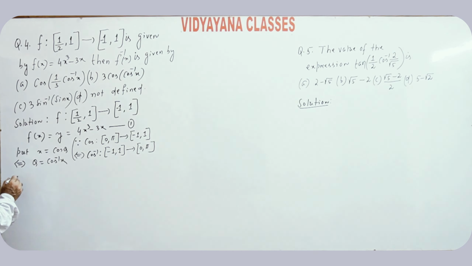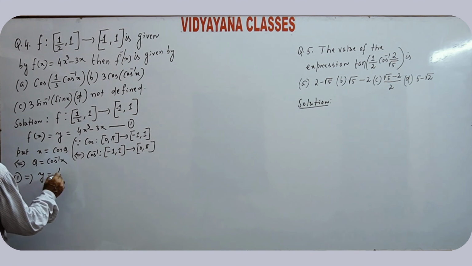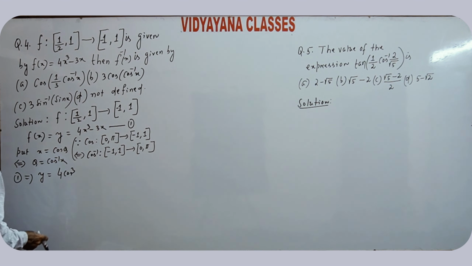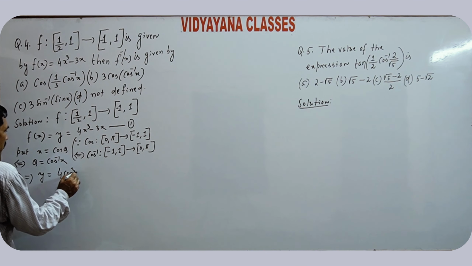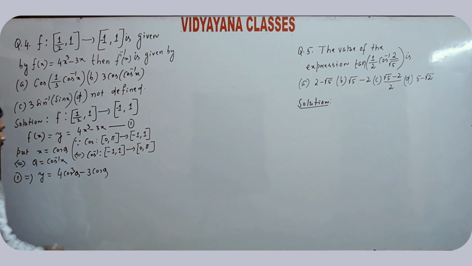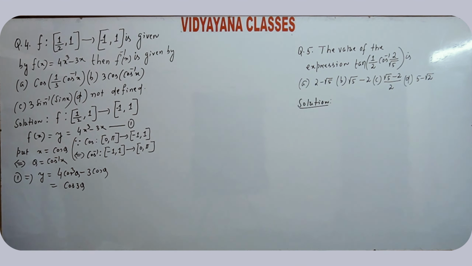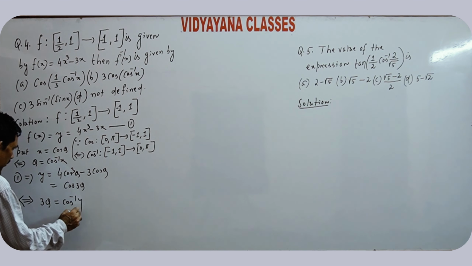Equation 1 implies y is equal to 4 cos cubed theta minus 3 cos theta, since x is equal to cos theta, which is the same as cos 3 theta, which implies 3 theta is equal to cos inverse y.